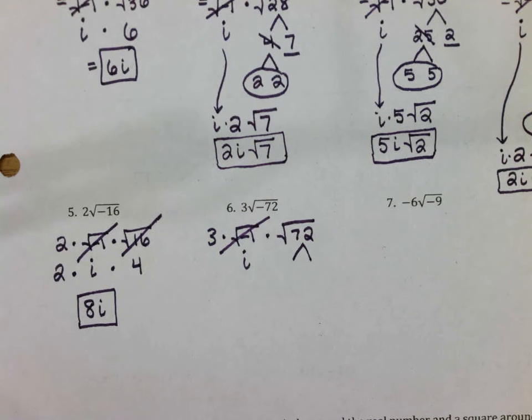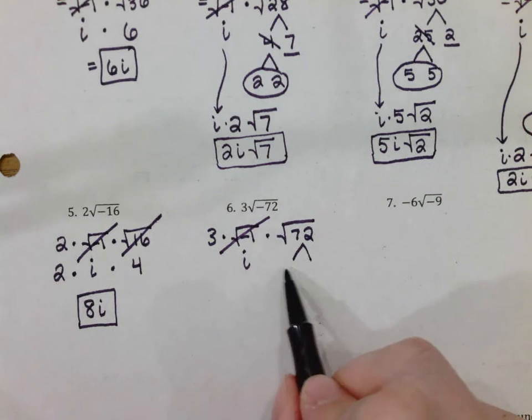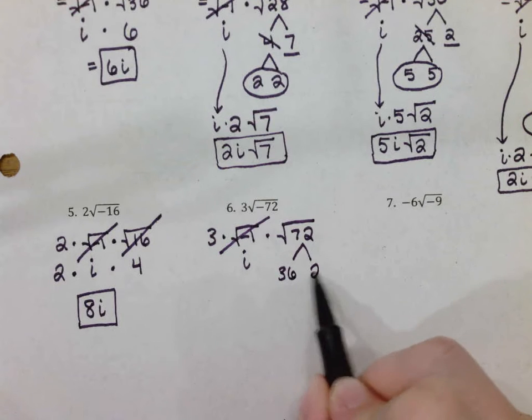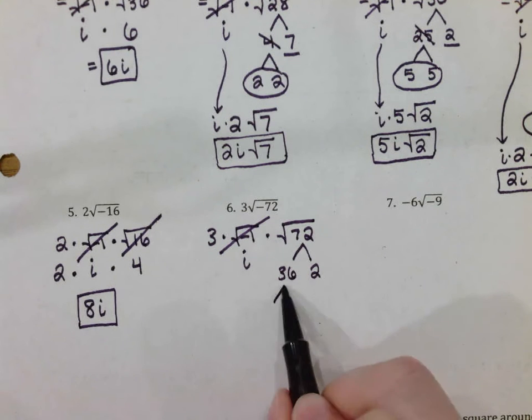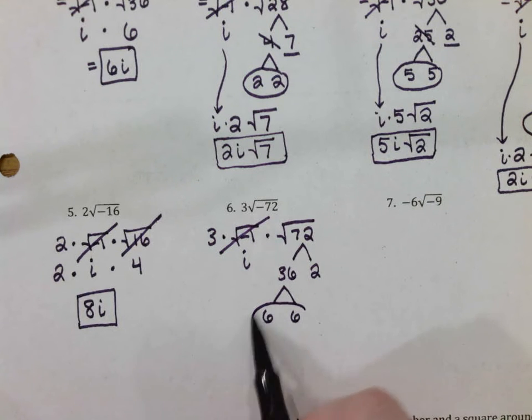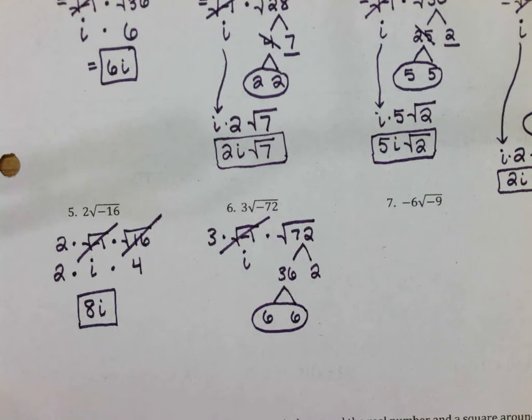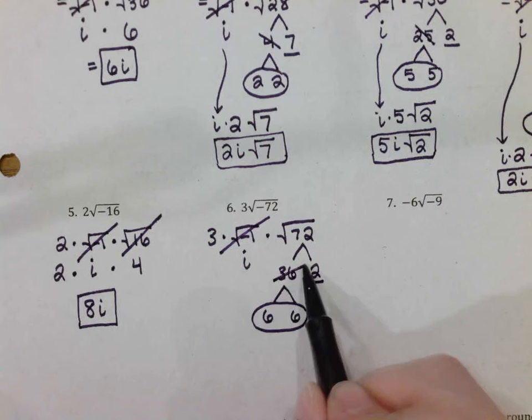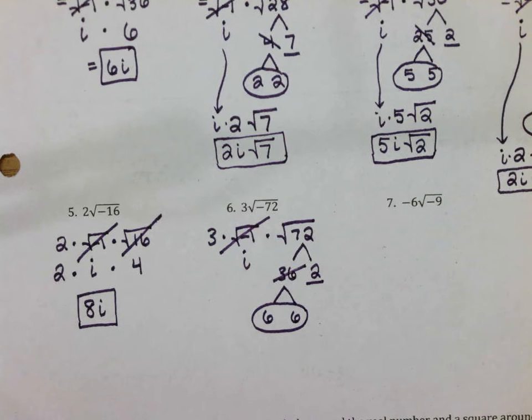So there's lots of things you could use. I'll go ahead and use 36 and 2. And then I can break that into 6 and 6. And remember, once I hit a pair, I can actually stop there and circle it. I'll underline my single. We don't care about the 36 because it's not at the ends of our branches.